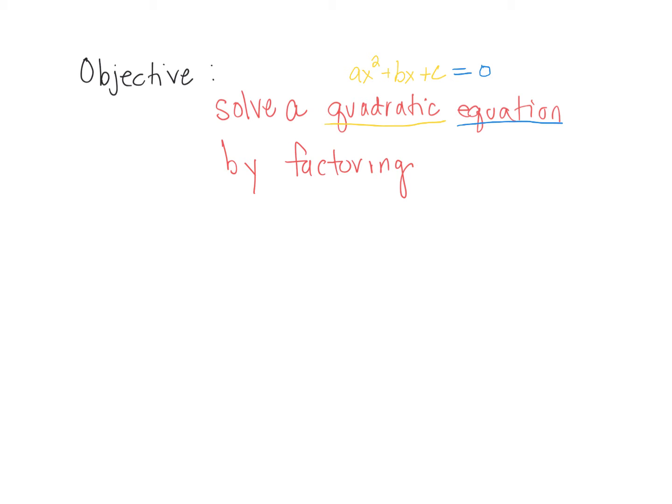And we know that when we see that quadratic equation, it's going to produce a parabola. And then we've even talked about how to know if that parabola is open up or if that parabola is open down.